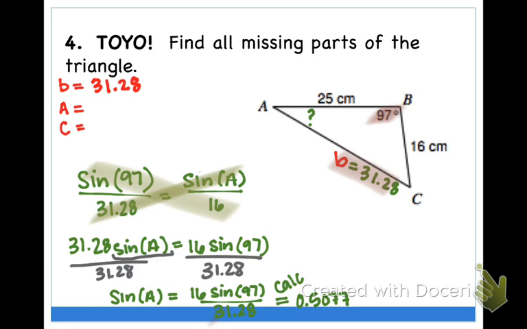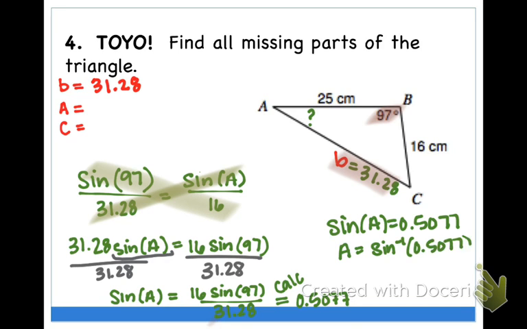So that gives me, if I go back up here, sine of angle A equals 0.5077. And we want to solve for A, so we use our sine inverse. A is equal to sine inverse of 0.5077. And in our calculator, that tells me that A is equal to 30.51 degrees.